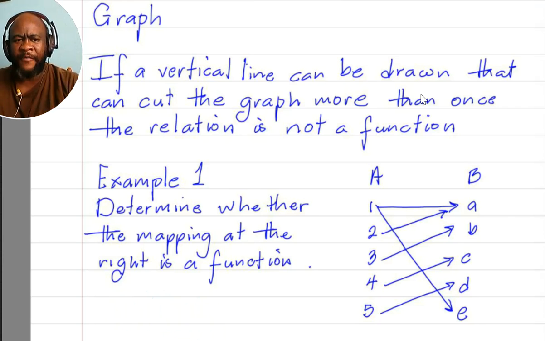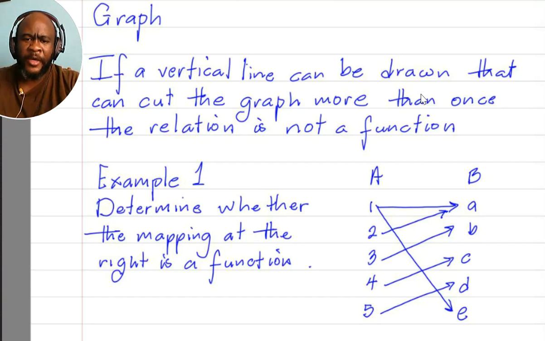If you have a graph and you can draw a vertical line that cuts the graph more than once, then that graph is not representing a function. But if every vertical line that you can draw cuts the graph only once, then the relation is a function.